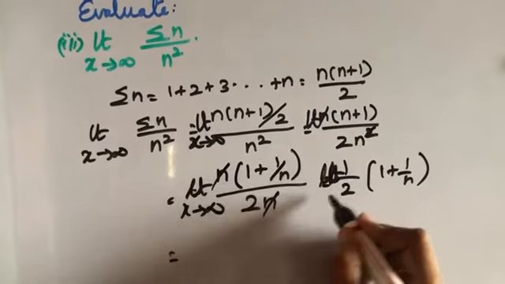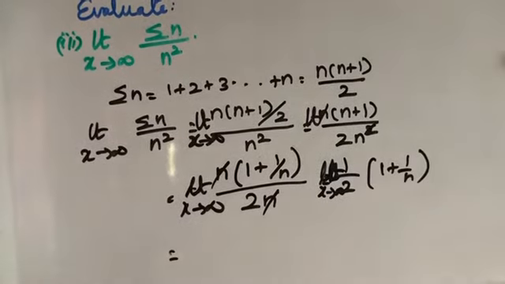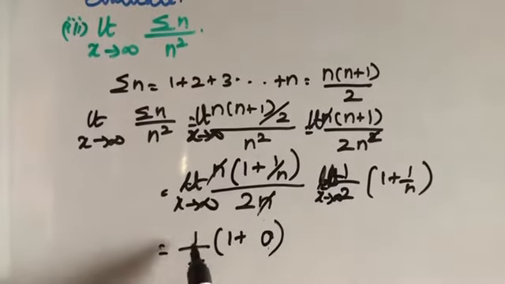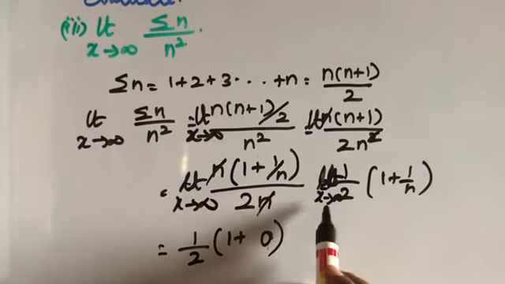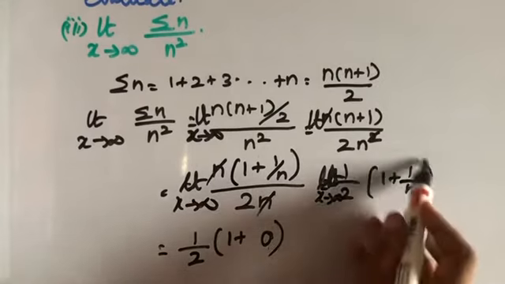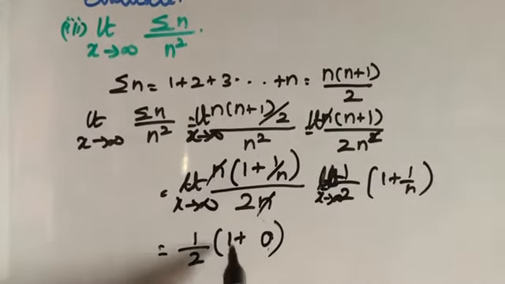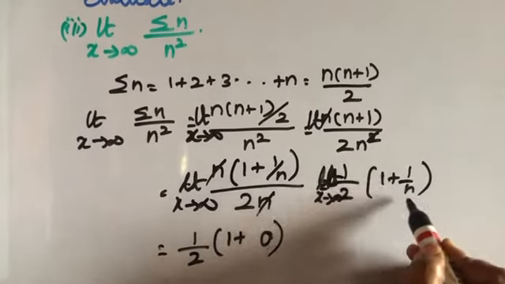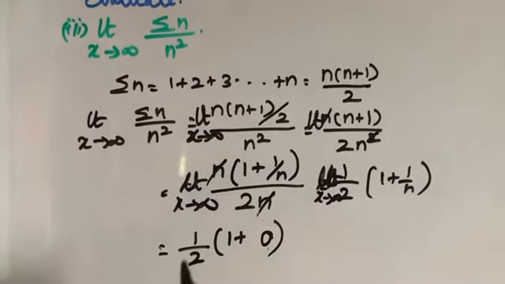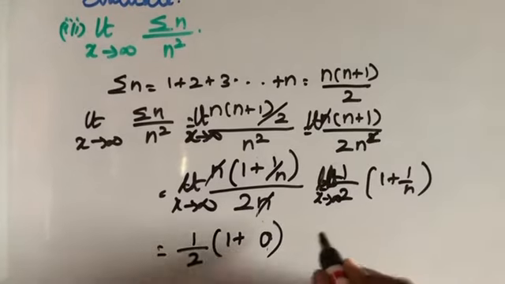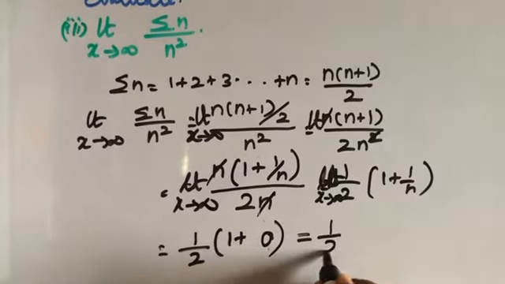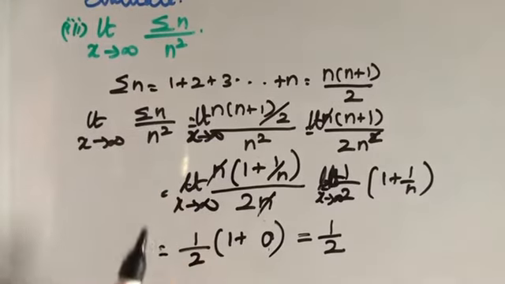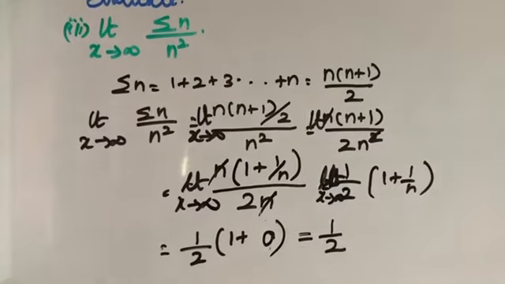So, while applying the limit x tends to infinity, this will become 1 by 2 into 1 plus 0, because when x tends to infinity, 1 by n tends to 0. So, 1 by 2 into 1 plus 0, that is equal to 1 by 2. So, limit x tends to infinity, sigma n by n square is equal to 1 by 2.